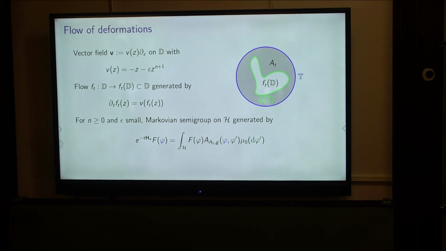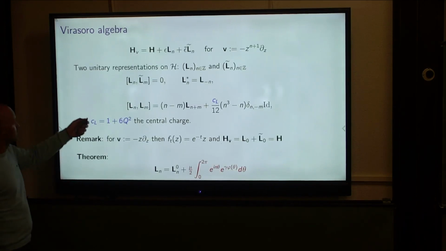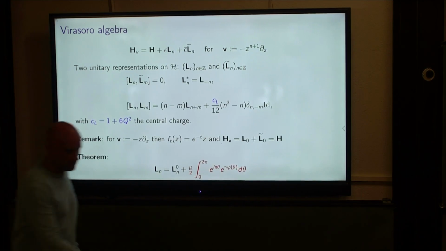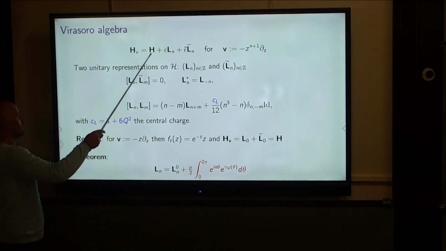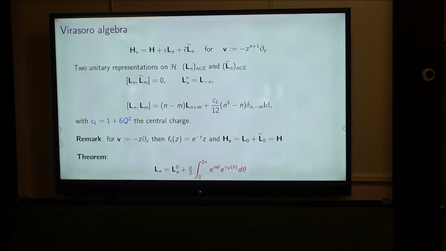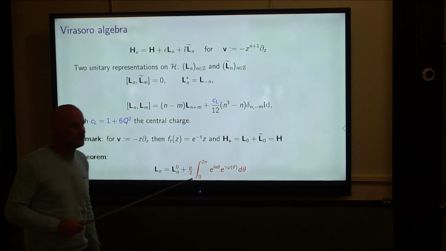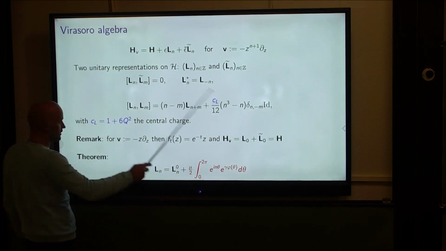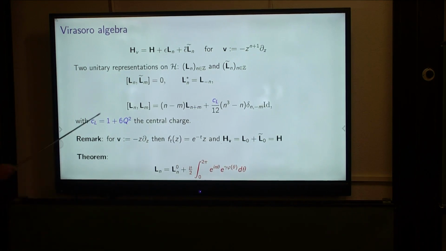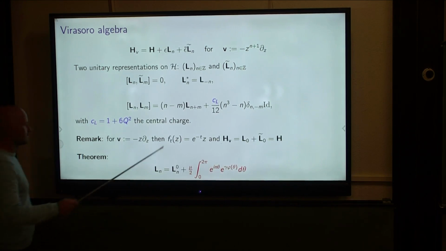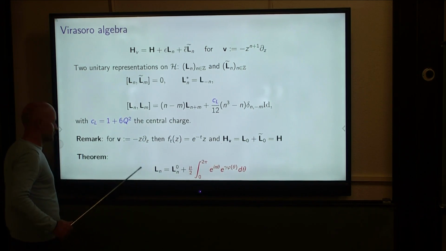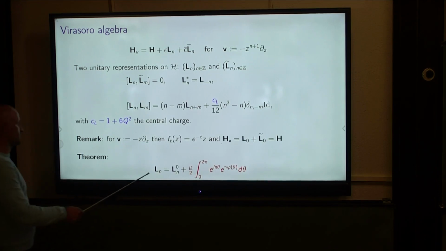You can differentiate and find that this operator that you define with the flow of deformation is more or less the Hamiltonian of the Liouville theory plus some operators, L_n and L tilde n. And again, these operators give you another representation of two copies of the Virasoro algebra, meaning all these relations here, with the same central charge as the QGFF, but they are not the same as the Virasoro generators of the free field, and the relation between the two is given here. Okay, you have an explicit expression.